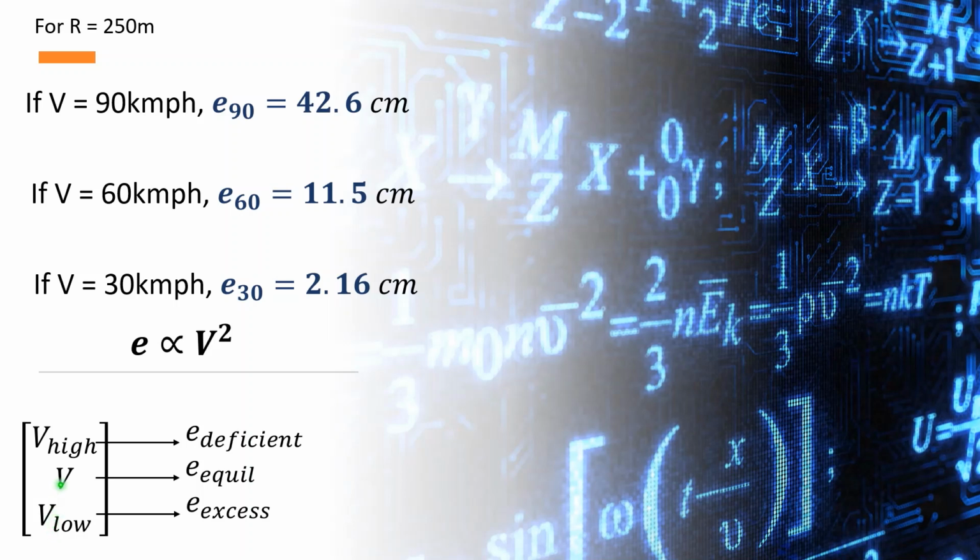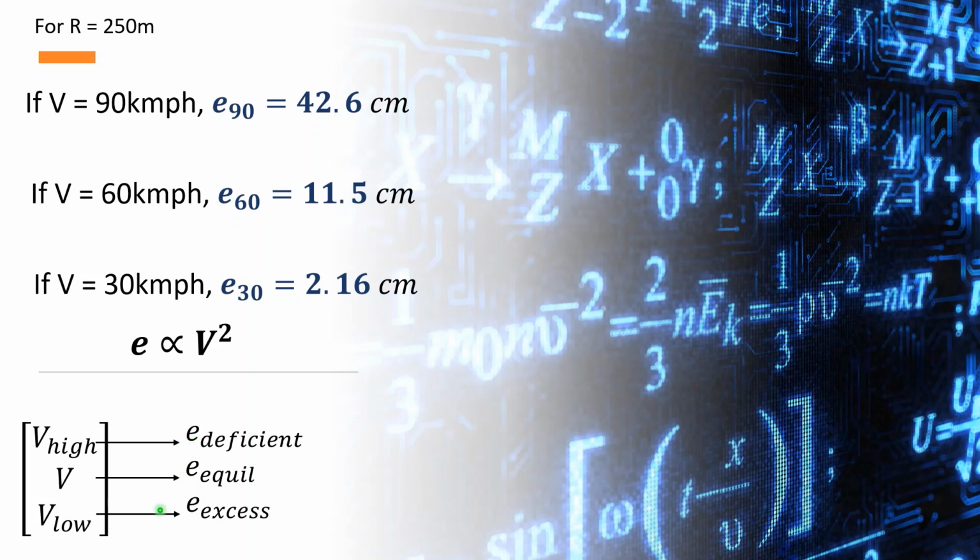At a higher speed than the average speed, the centrifugal force will not be counterbalanced by the equilibrium super elevation that we are providing. This may lead to overturning of the vehicle, where e won't be sufficient. So in this case e becomes insufficient.